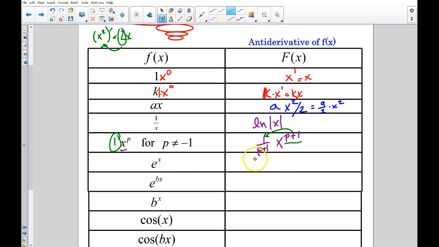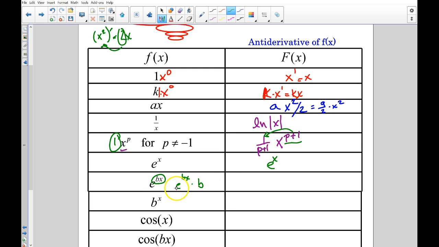Moving on, e to the x, the antiderivative of this is just e to the x, same thing. When we differentiate, we get e to the x times the derivative of the exponent. Okay, great. Now in the case where we have a chain, if we differentiated this, normally we would have e to the bx times b.